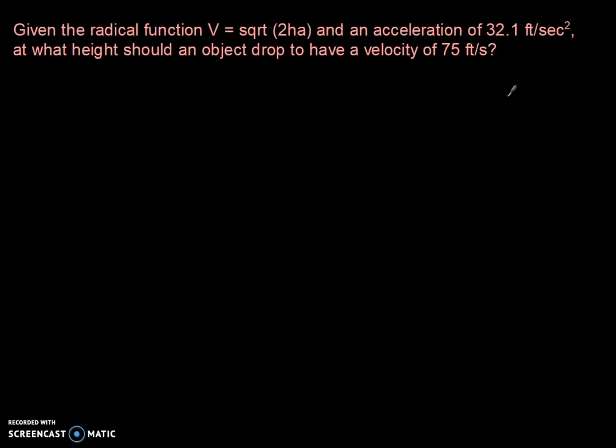Let's say you are given a radical function of v, meaning velocity. Sorry, there should be a lowercase v, otherwise it's voltage. v equals square root of 2ha. So h is equal to height, as noted in the problem.